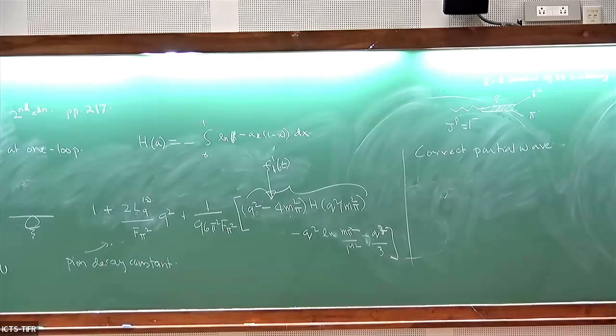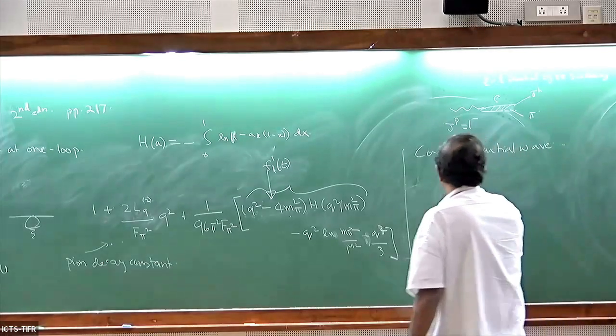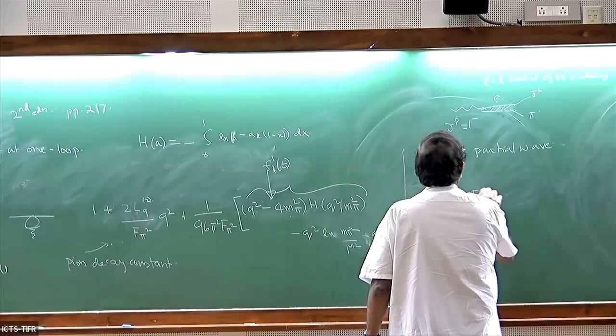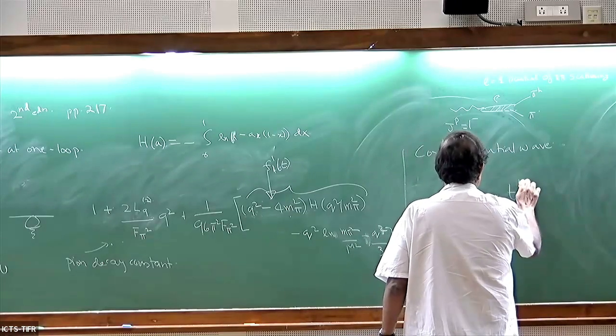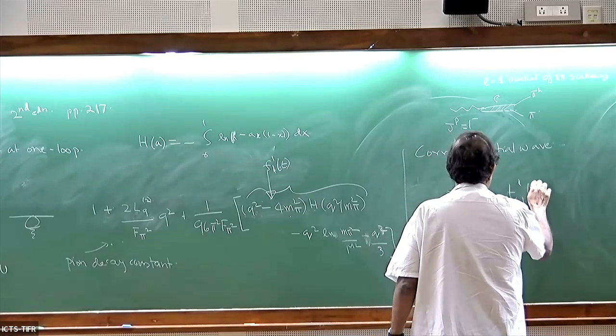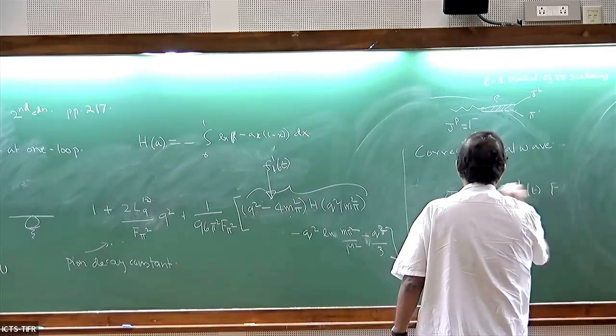What was that relation which was erased? Does anybody remember what that was? That the imaginary part of f goes as T11 of t times f.